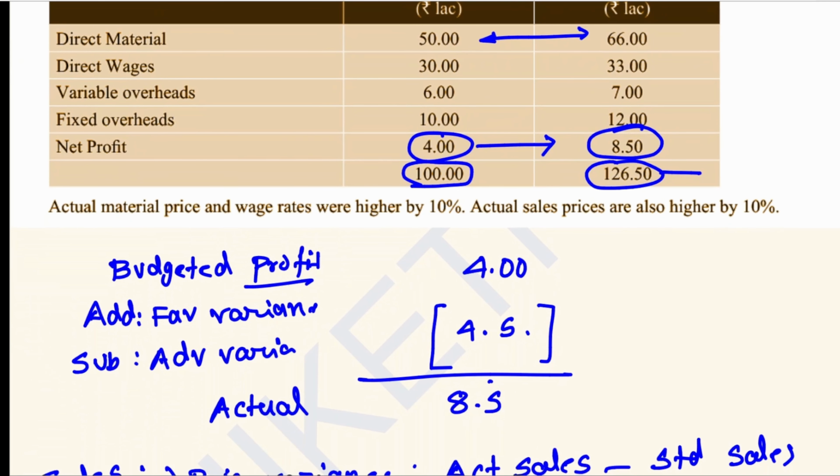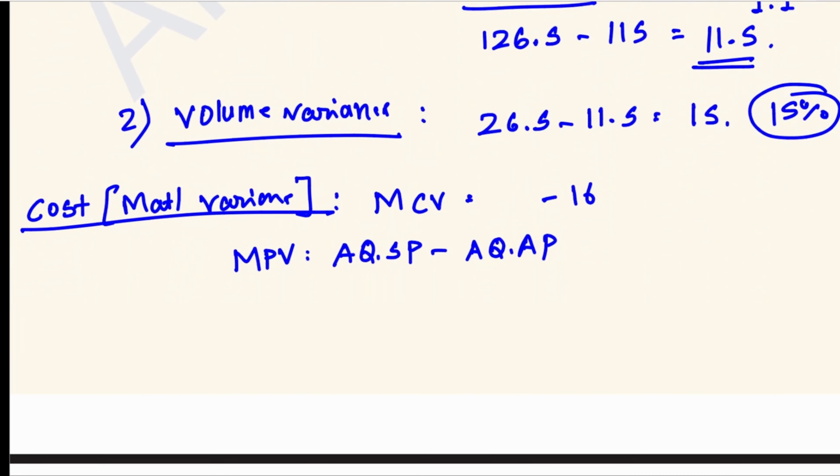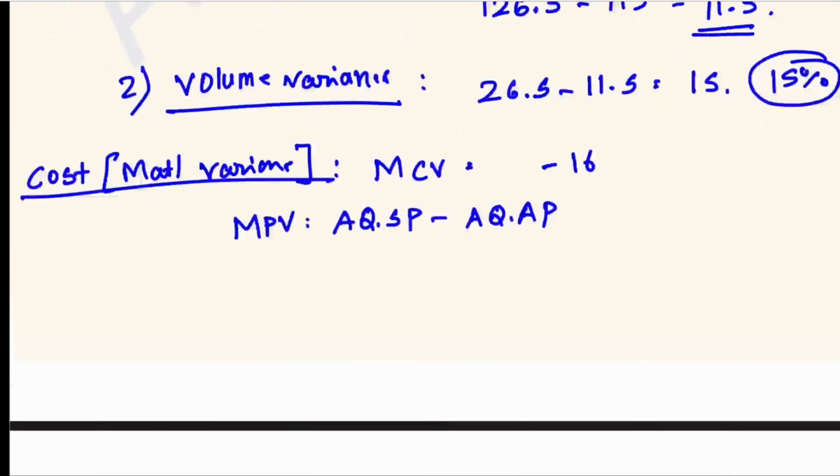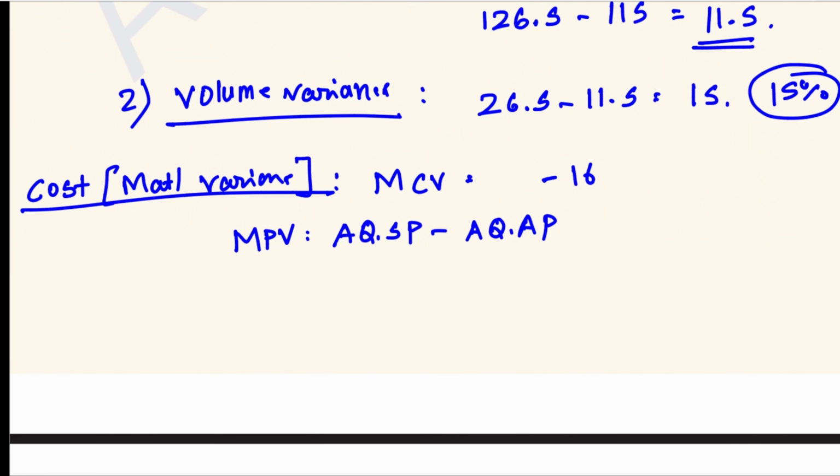Actual material price and wage rates were higher by 10%. So we will use the same phenomenon that we did for sales. AQAP, we will write it as 66 into 1. So actual quantity is 66, actual price is 1. In that case, actual quantity here also is 66 only, but standard price will be 10% lesser. So that means 1 divided by 1.1.